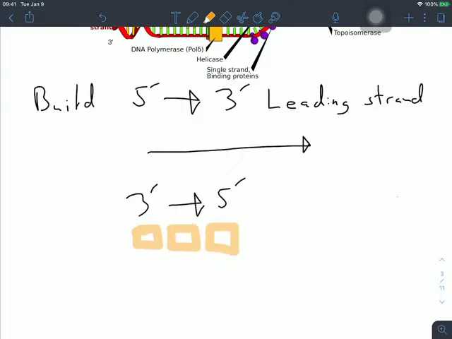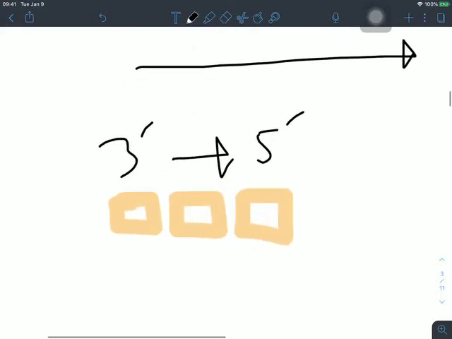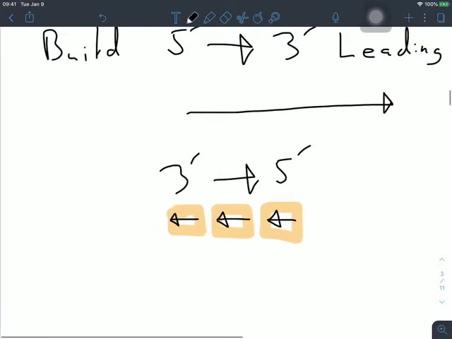If I'm trying to build something from 3' to 5', but I can only build 5' to 3', what that means is that I'm going to have to build small pieces and then assemble them together.